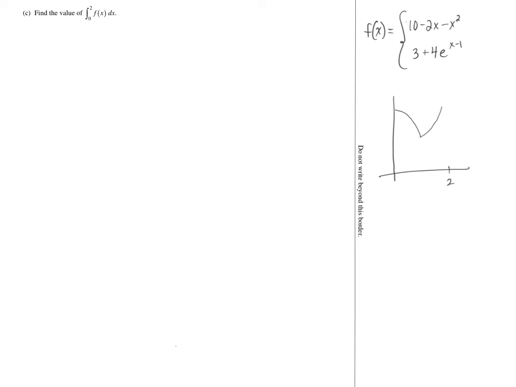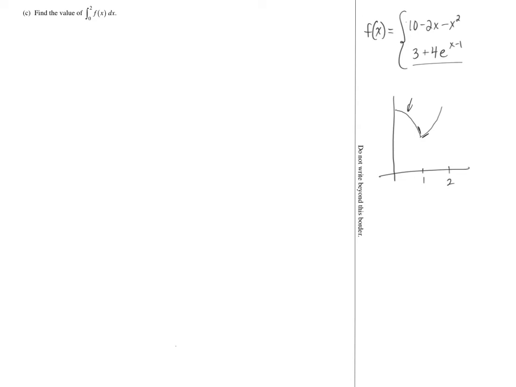So this sharp corner, again, occurs when x is 1 because we found that the derivative, the slope from the left, didn't equal the slope from the right as we got in toward x equals 1. So we're going to integrate this curve, which is the upper branch, the polynomial, from 0 to 1, and then we're going to integrate the lower branch from 1 to 2 and just add them together.